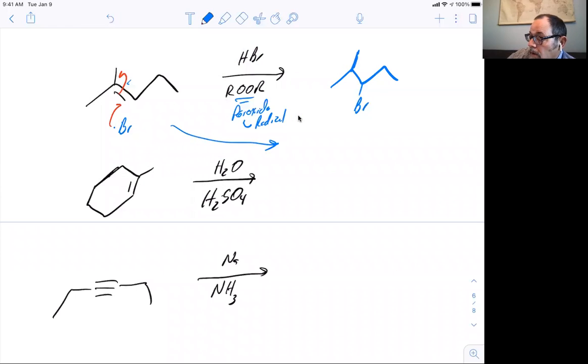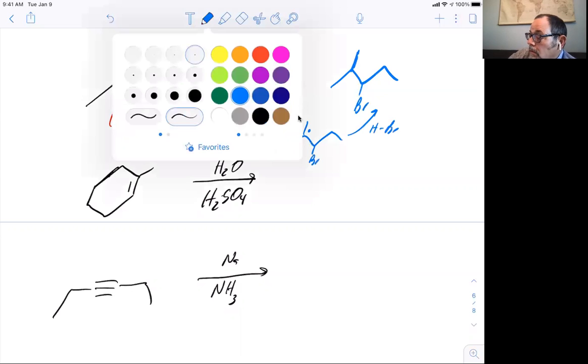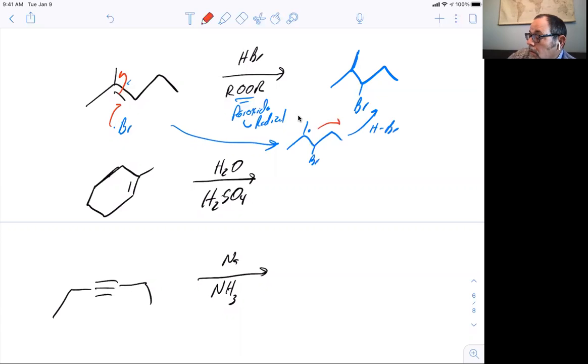That ends up giving you the tertiary radical, which then abstracts a proton to give us the bromine radical that continues on in our product.